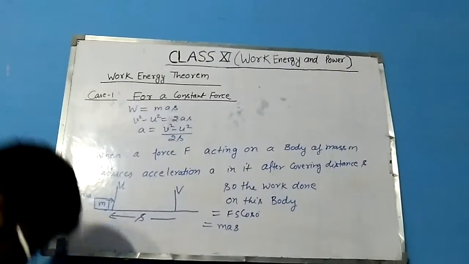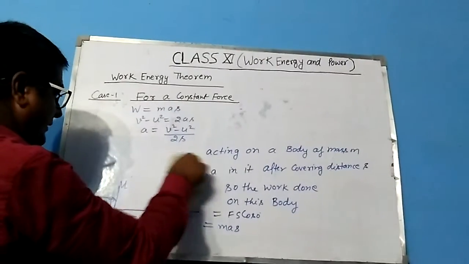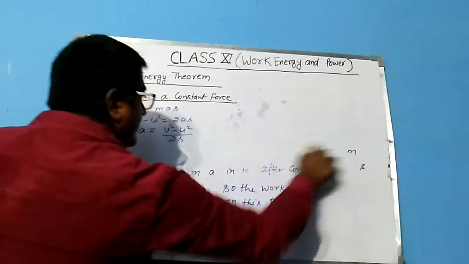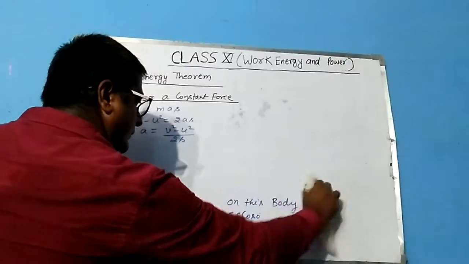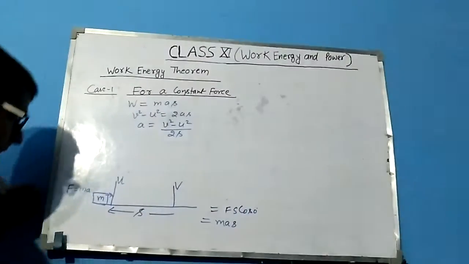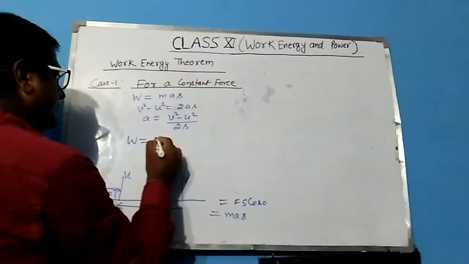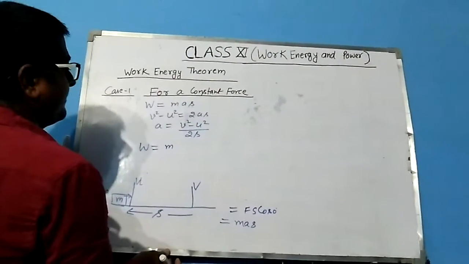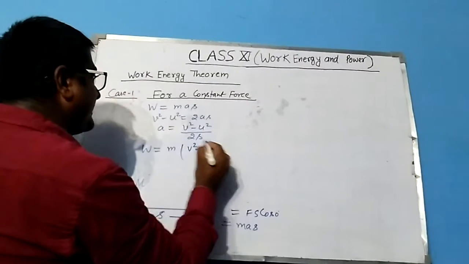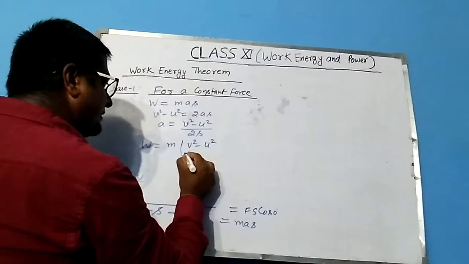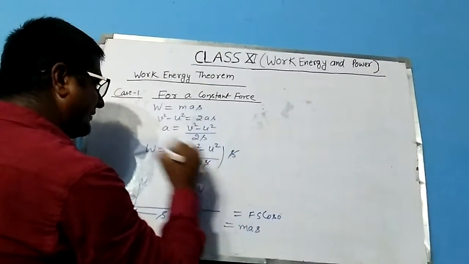Okay, so we have to put the value of a in the work done. W equal to m, a value is v square minus u square divided by 2s, and s will be cancelled out.